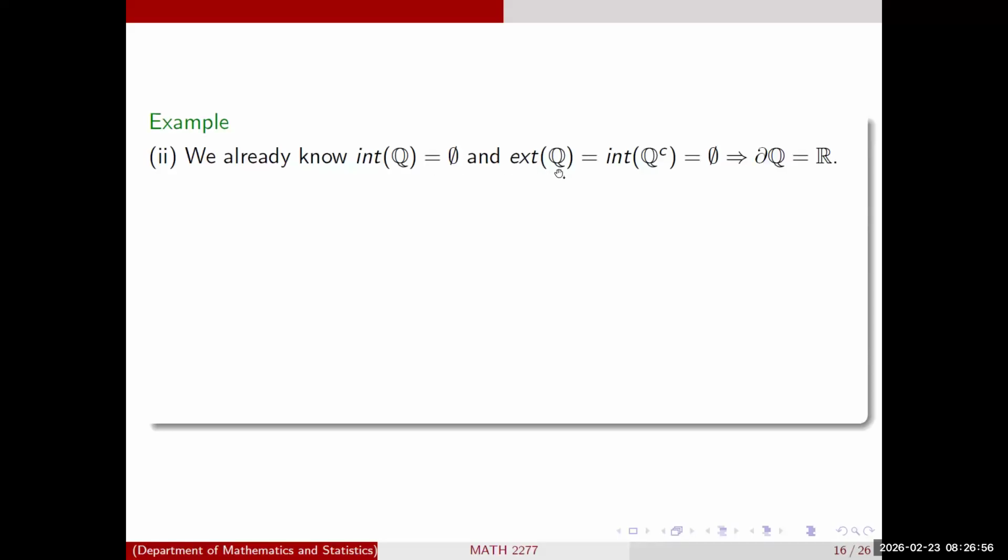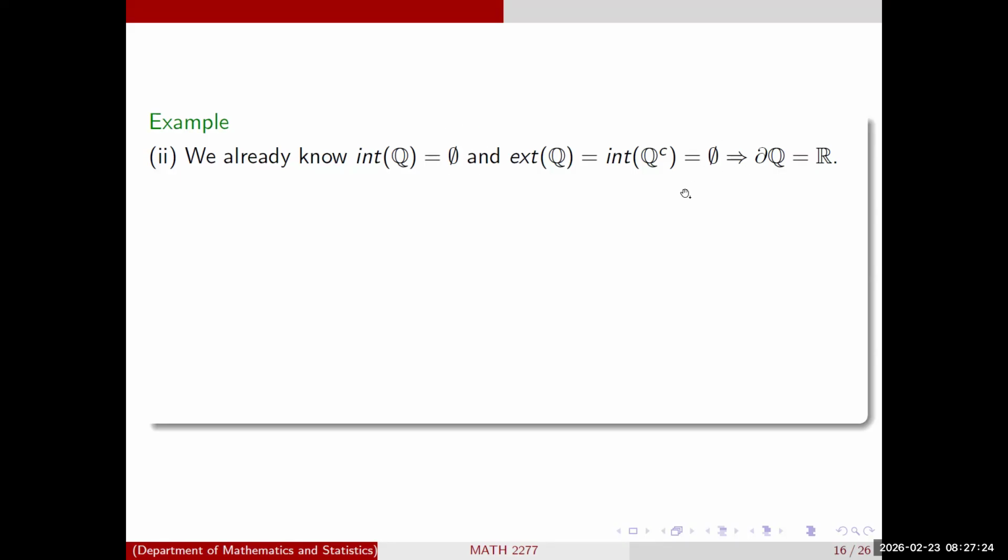The exterior of the rationals is the interior of its complement, and the complement of the rational numbers is the irrationals. But we already know that the interior of the irrational numbers is the empty set. So the rational numbers have no interior and no exterior.